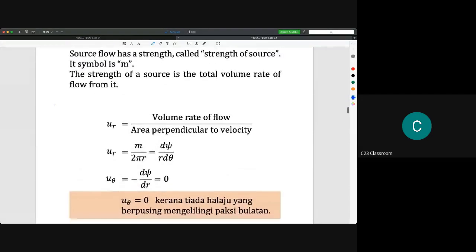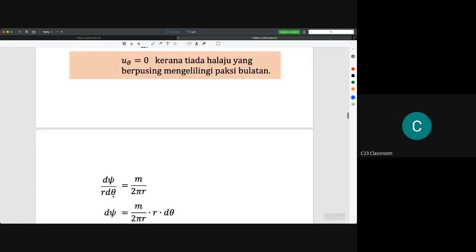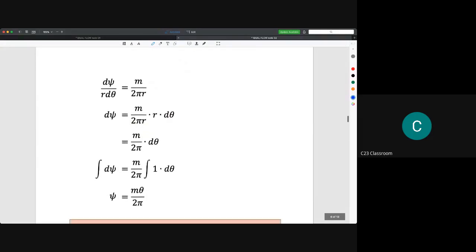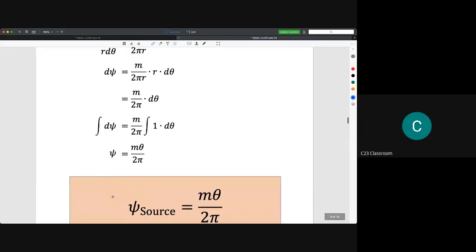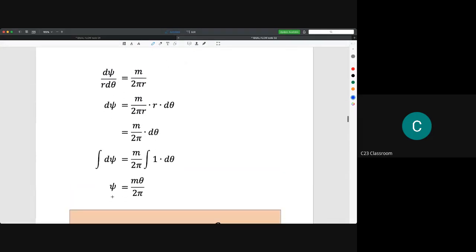Okay, so this is the idea that you should know, that now we are trying to use this equation to get the value of psi. So how to get this one? So we could start our calculation like this. Okay, let's say we have d psi over r d theta is now equal to m over 2 pi r.